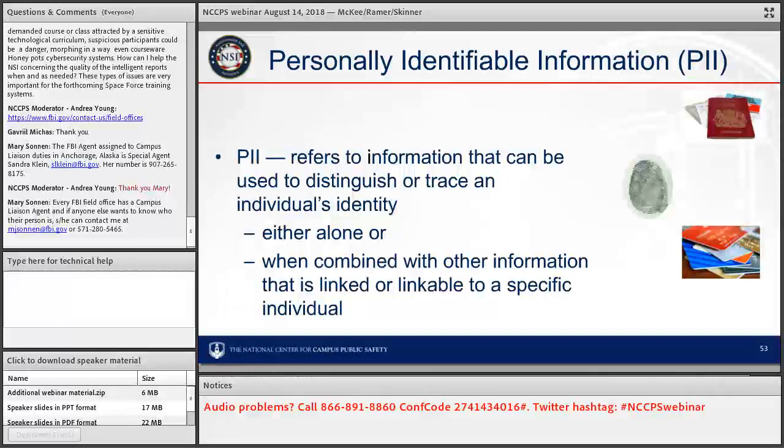Among other things, the policy will help you understand how to collect, use, and share PII appropriately. Now on this point, please keep in mind that participation in the NSI does not confer additional authorities on you. You have to collect and use and share PII in accordance with applicable laws, regulations, and policies.